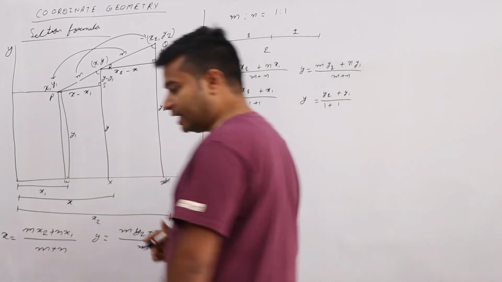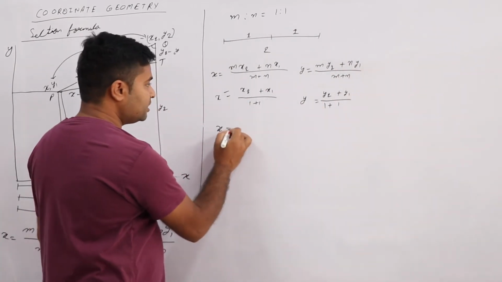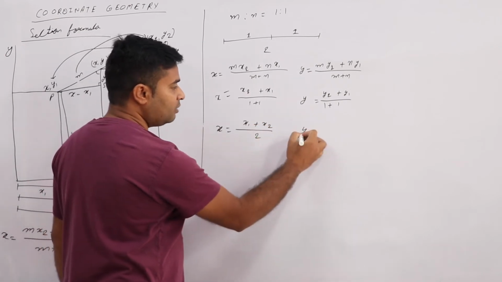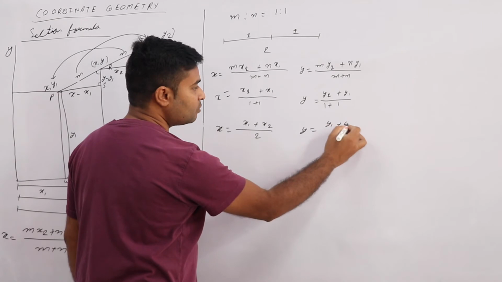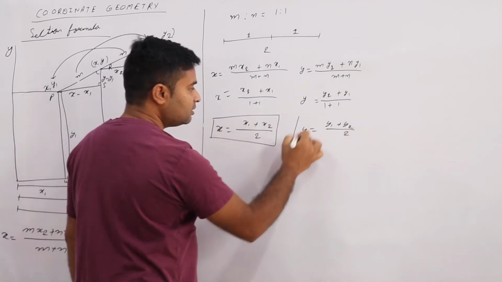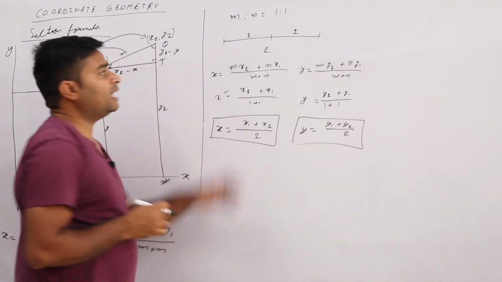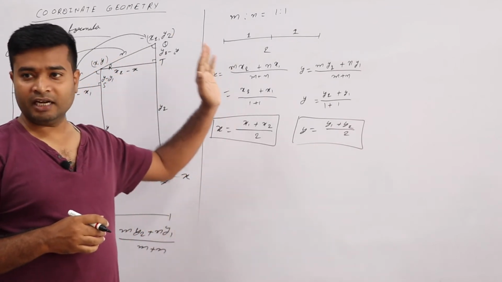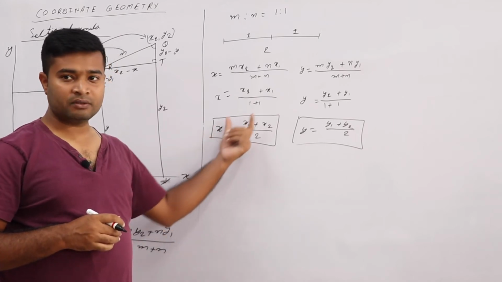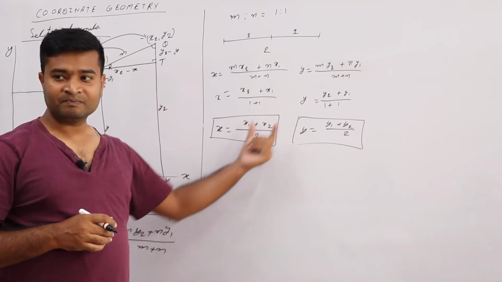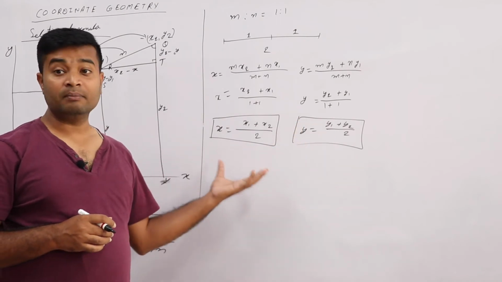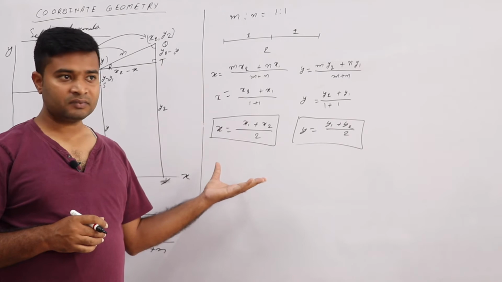If you rearrange and write, we can write x is equal to x1 plus x2 by 2 and y is equal to y1 plus y2 by 2. So if m and n are equal, we get x is equal to x1 plus x2 by 2, y is equal to y1 plus y2 by 2. And this is called the middle point formula.